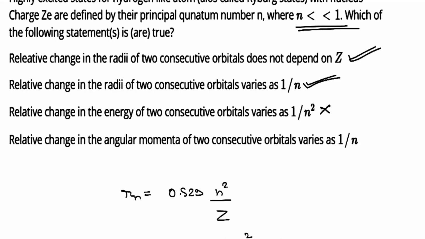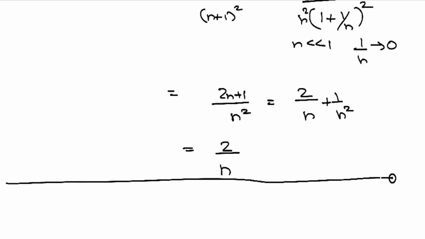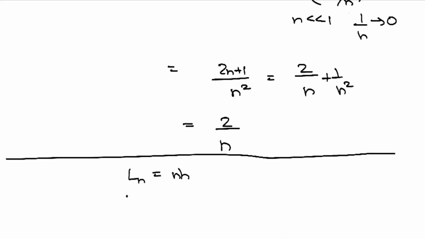Now, the final statement says that relative change in angular momenta of two consecutive orbitals varies as 1 by n. The angular momentum for the nth orbital is given by nh, which means for n plus 1 it will be (n plus 1)h.